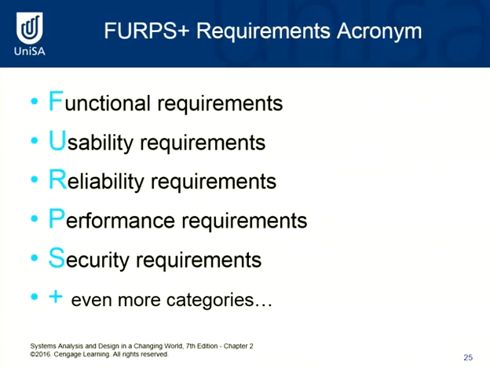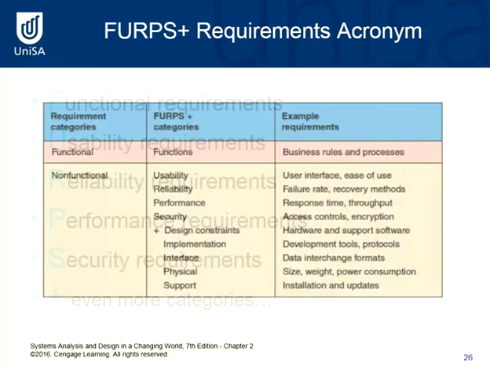When we talk about functional and non-functional requirements, there's an acronym that's referred to, the FURPS+ requirements acronym. It gives you a bit more insight into what we mean by the functional versus the non-functional requirements: usability, reliability, performance, security, and the plus is even more categories.